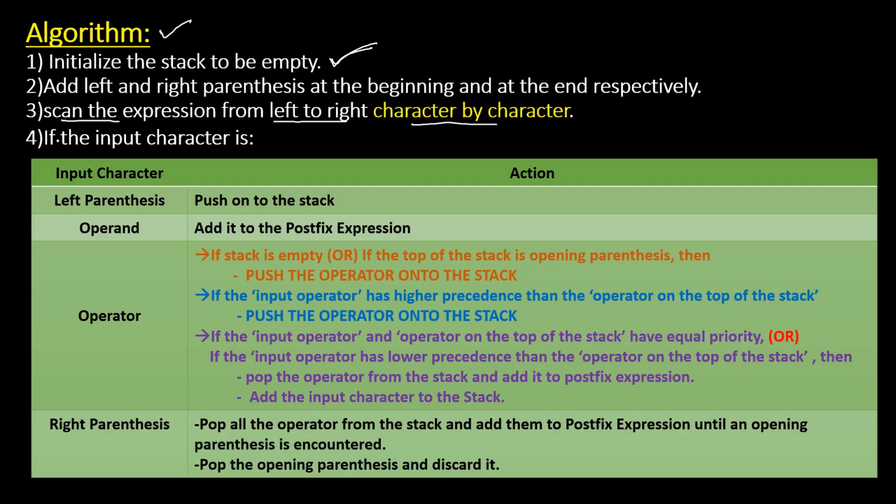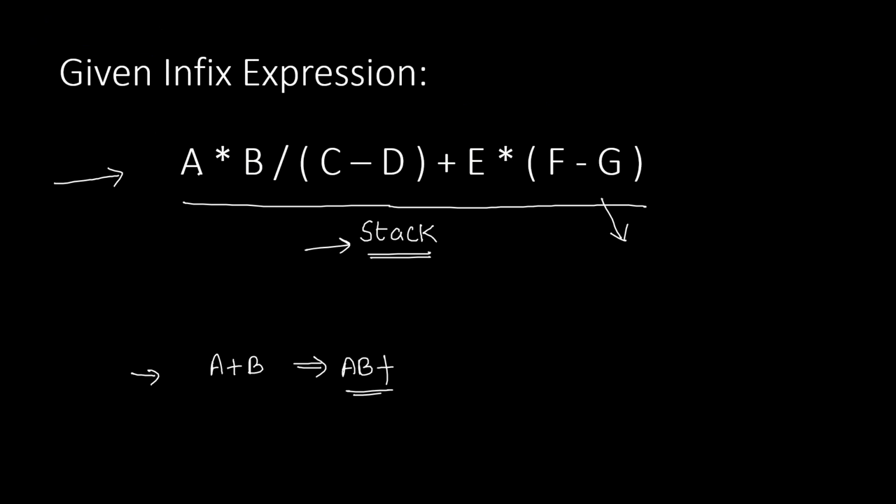Now, fourth step, if the input character is, here we have four possibilities. We may have left parenthesis, or we can get an operand or an operator or a right parenthesis. What is the meaning of this?